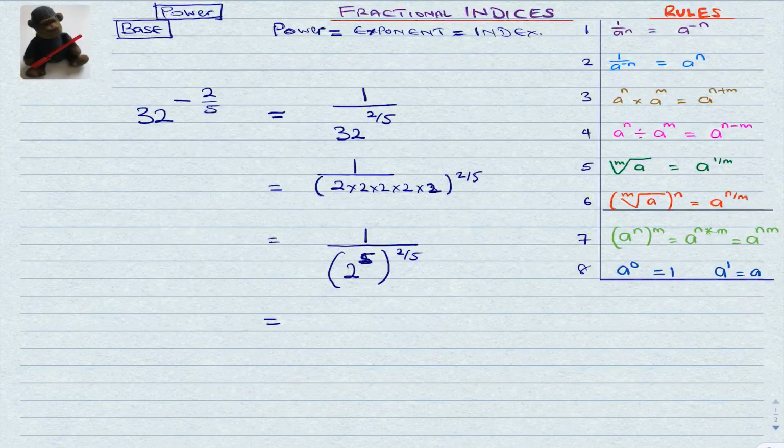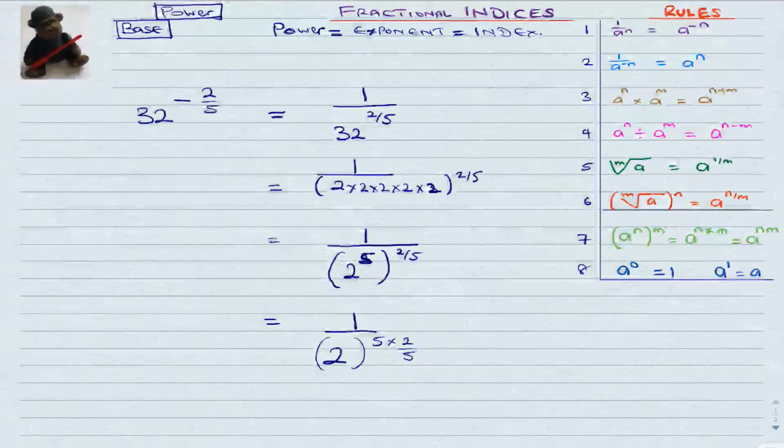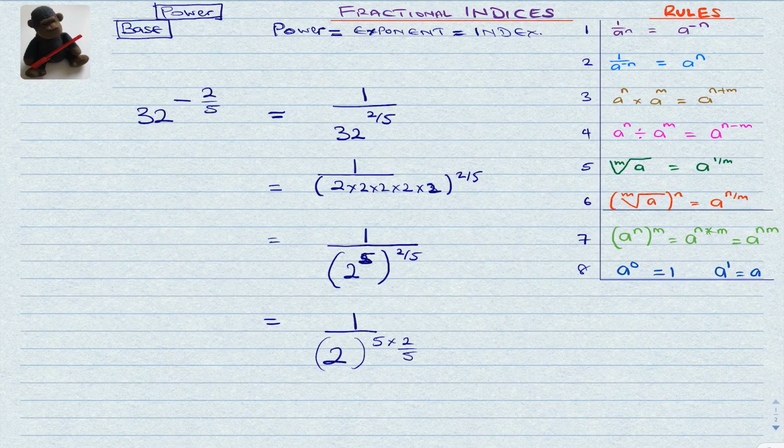In this case, we bring the power 5 out, so you're going to get 1 over 2 to the power 5 times 2/5, and the 5 cancels out. The 5 on the top, the numerator of the fraction, cancels the 5 at the bottom, the denominator of the fraction, and you're going to be left with 1 over 2 to the power of 2, and that'll be 1/4, and that will be your answer.